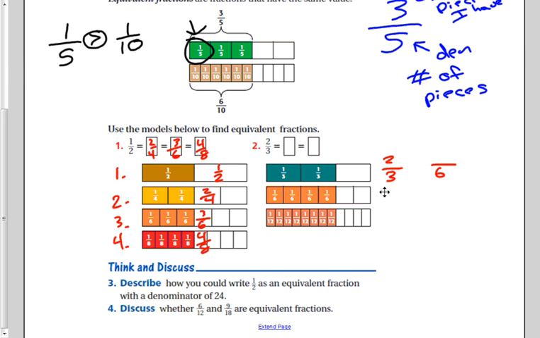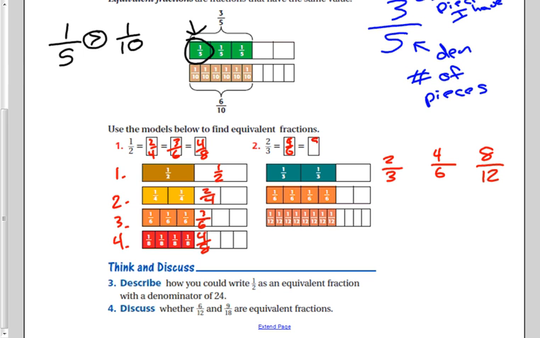So I have 6 pieces, and in order to have the same as 2/3, you can see that I have 4 of the 6. In this last example, we cut our candy bar into 12 pieces, and I have 1, 2, 3, 4, 5, 6, 7, 8 of the 12ths. Now we can visually see that these are all equal.